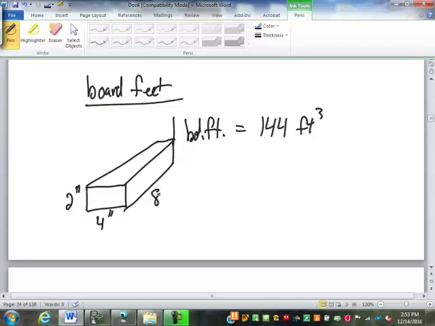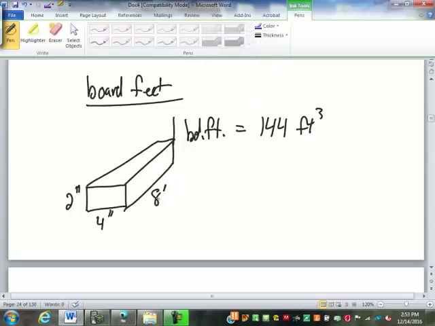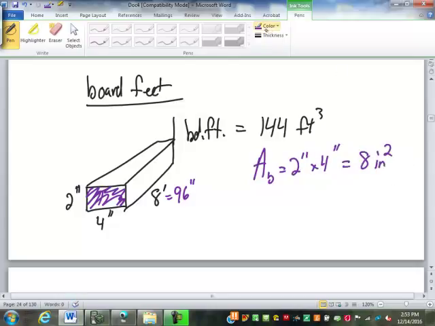By 8 feet long, let's figure out the board feet. Well, 8 feet is 96 inches. So we have to do that first. The base of this, I'm going to use this rectangle right here for the base. So the area of my base is 2 inches by 4 inches, or 8 square inches.